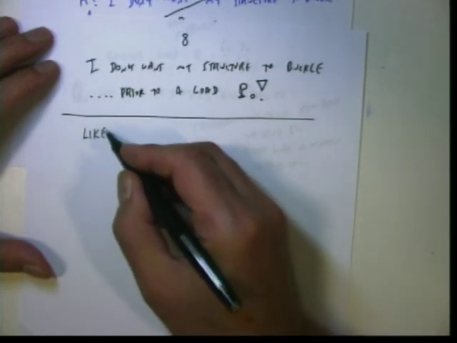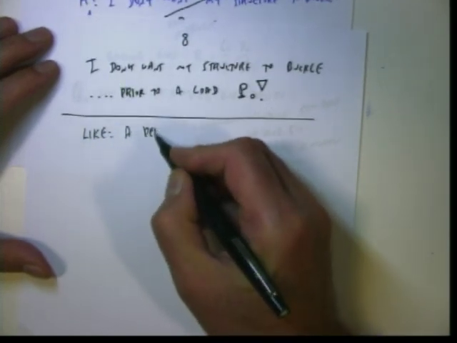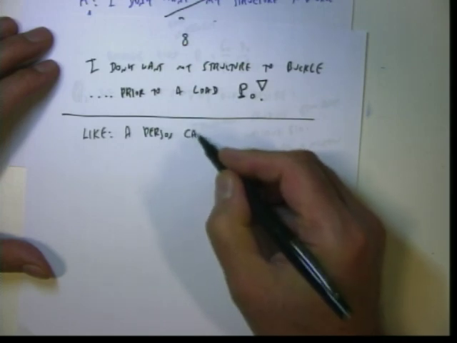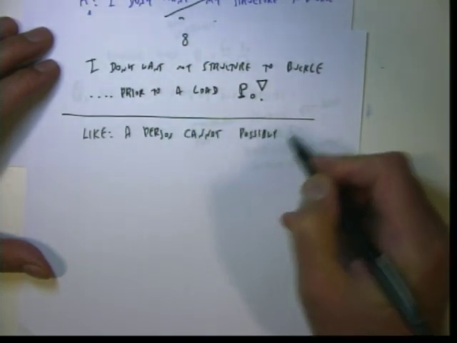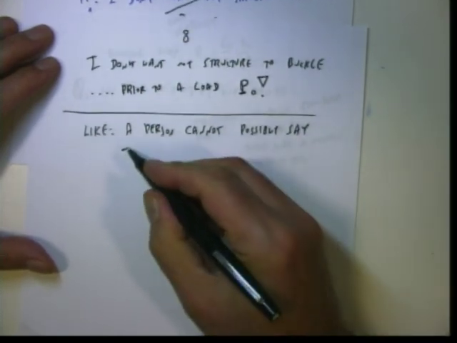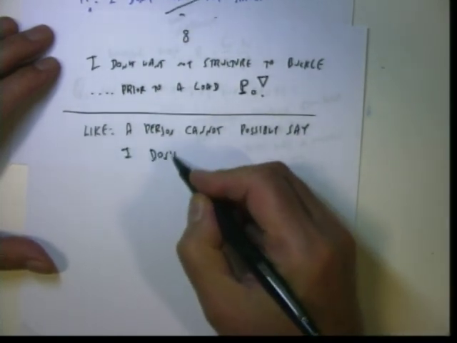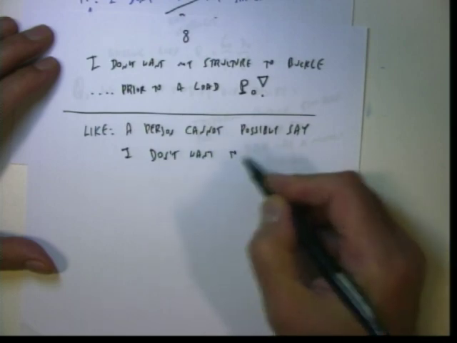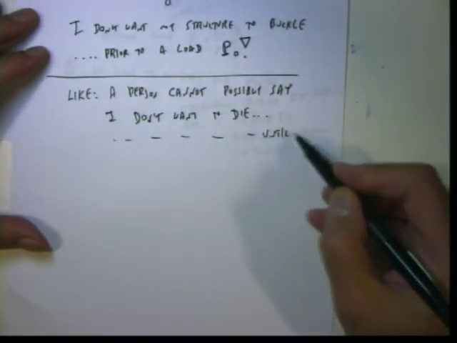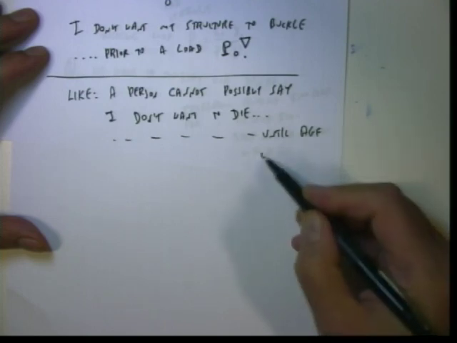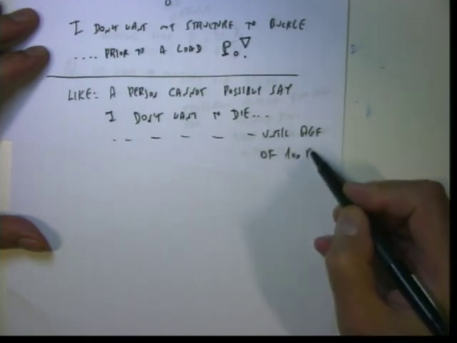Like a person cannot possibly say, I don't want to die. We know that is not a possible wish. But he can say, I don't want to die until the age of, say, 100 years.